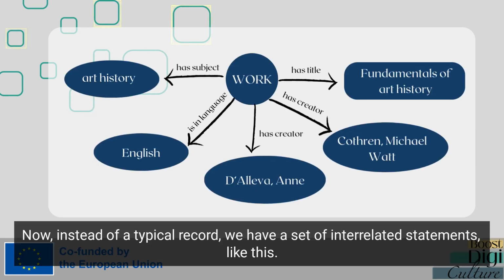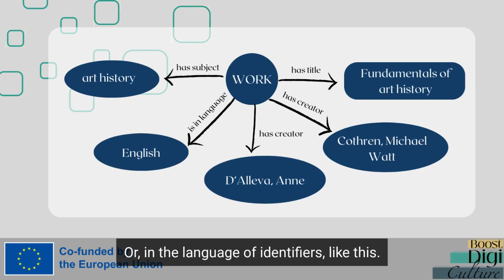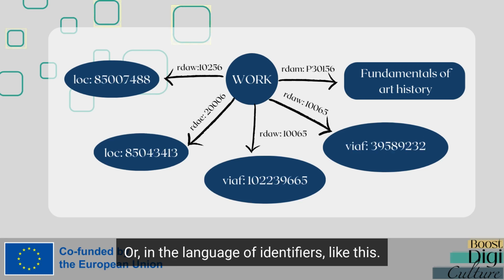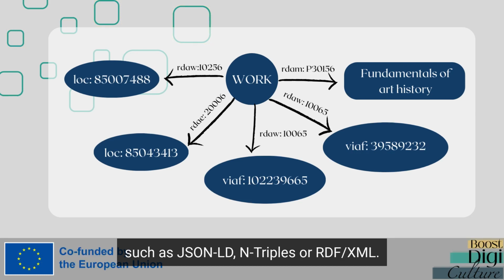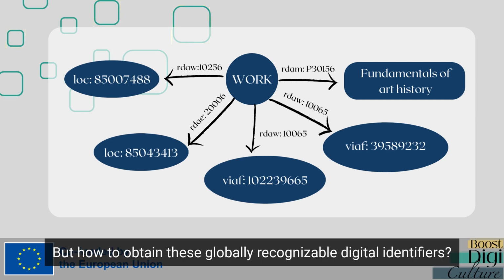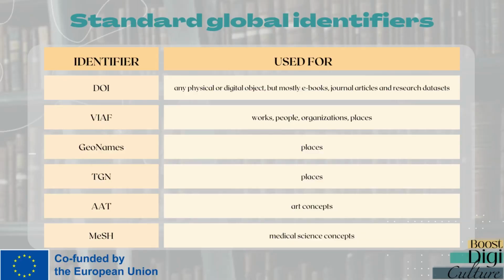Now, instead of a typical record, we have a set of interrelated statements like this, or in the language of identifiers like this. That's pretty much what happens when we convert GLAM records to RDF formats such as JSON-LD and triples or RDF XML. But how to obtain these globally recognizable digital identifiers?